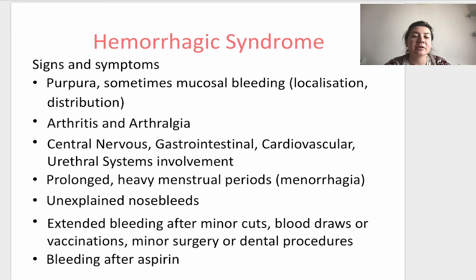It can be central nervous, GI, cardiovascular, or retinal system involvement with bleeding in these systems. It can be prolonged heavy menstrual periods or menorrhagia in female patients. It can be unexplained nosebleeds, extended bleeding after minor cuts, blood draws or vaccinations, minor surgery or dental procedures, and bleeding after aspirin use.